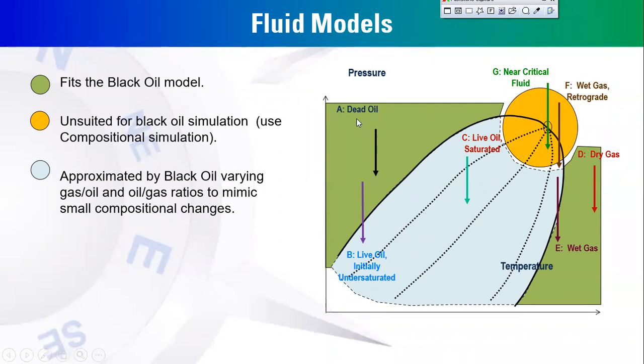So if the system is located on this side or this side, we may apply black oil simulation, but for gas condensate or volatile oil systems, we have to apply compositional simulation using equation of state models.